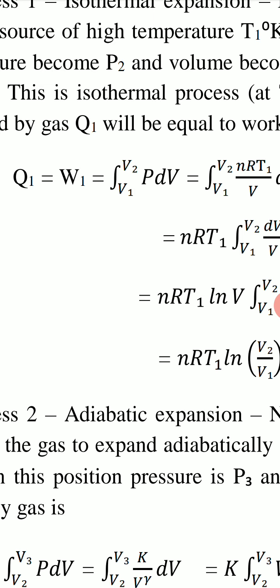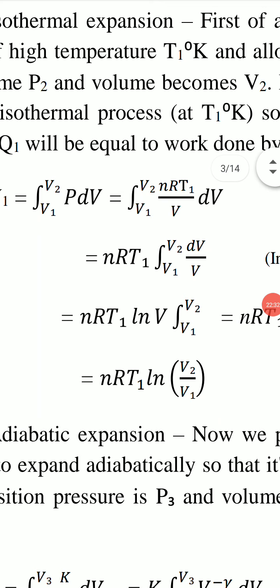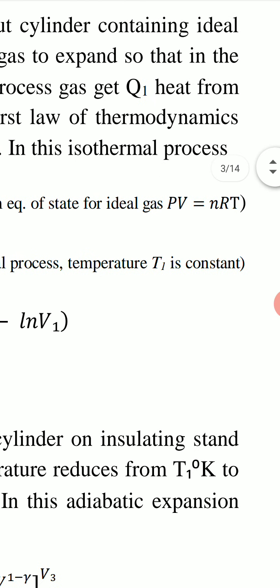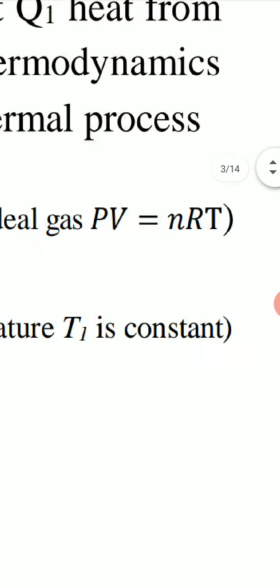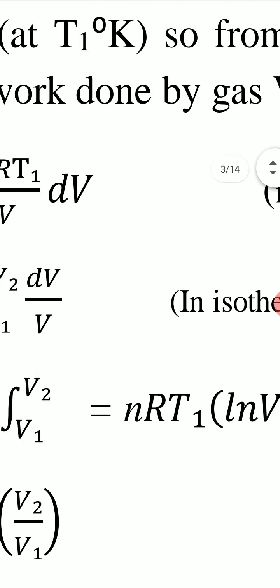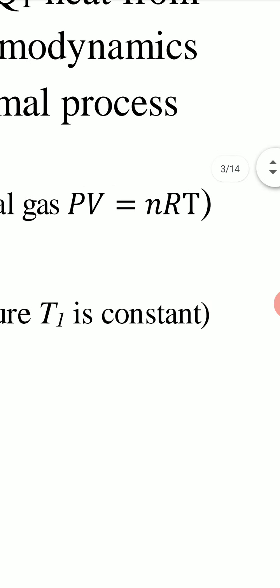Now we calculate this integral for this process, that is isothermal process. Equation of state of an ideal gas is PV equal to nRT. In this case T is T1, so PV equal to nRT1.